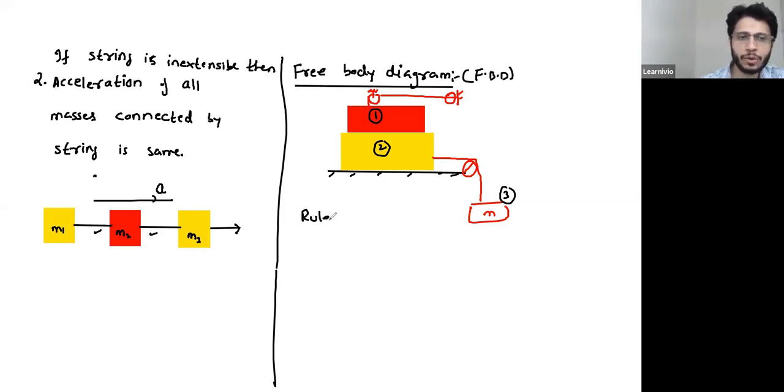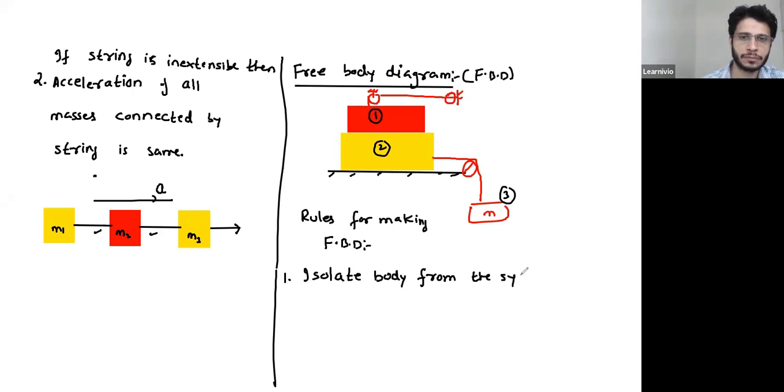So there are certain rules for making FBD. The first rule is to isolate the body from the system. That's the first rule. The second rule is to apply all forces which are acting on the body by the system.